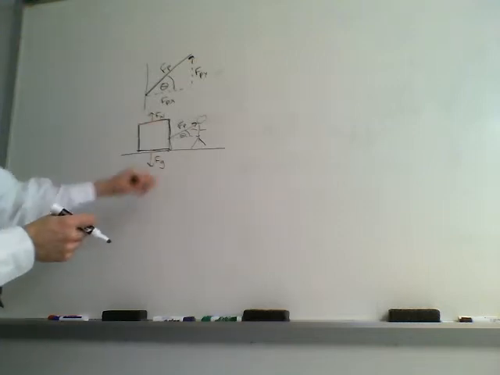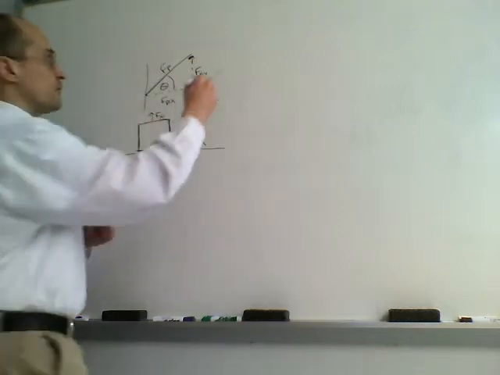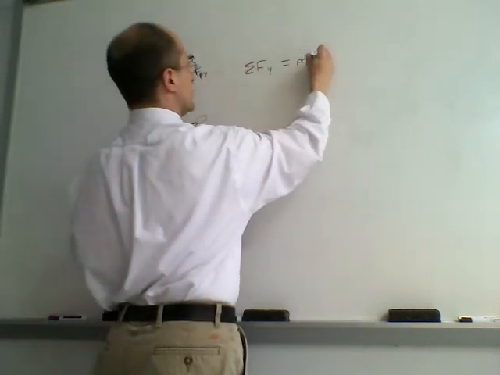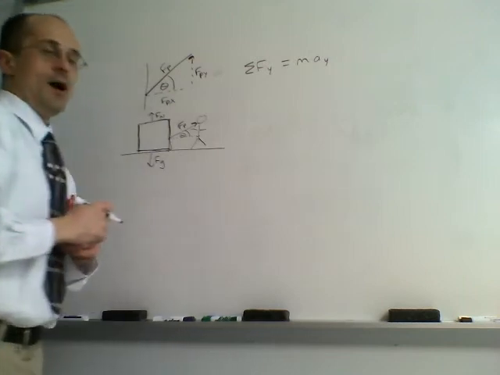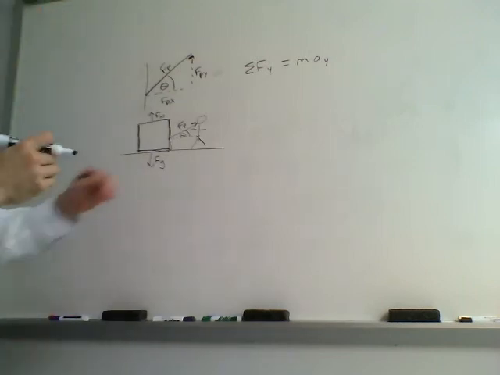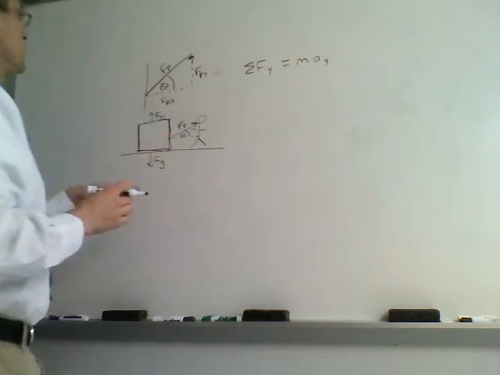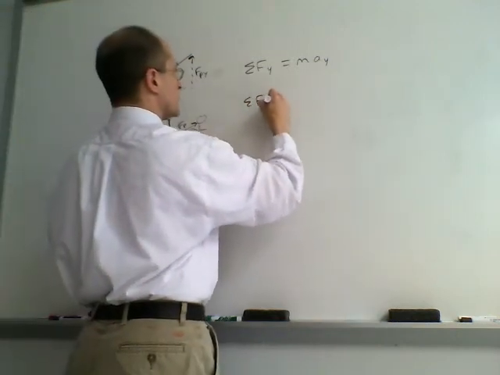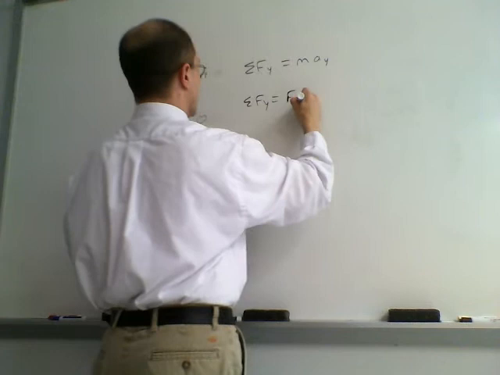So now let's take a look at what's going on. Let's sum the forces in the y, and we always know that that's ma_y. So when we sum the forces in the y, what do we have? Well, we have our normal force up.